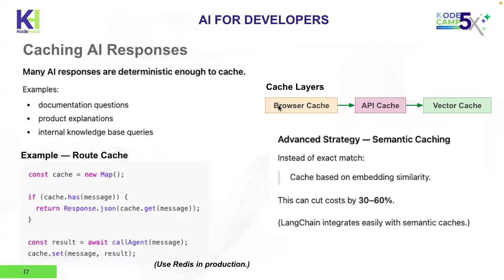When we talk about caching, there are many places you can do caching. You can do it at the browser. The browser has a built-in cache, but you can also implement it as JavaScript code. You can cache it at the API, like what this does using Redis, or you can have a cache in the vector store, right?